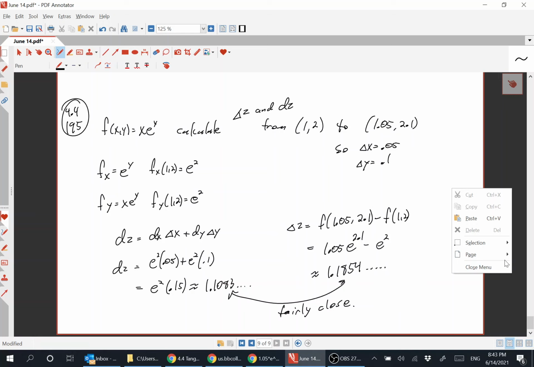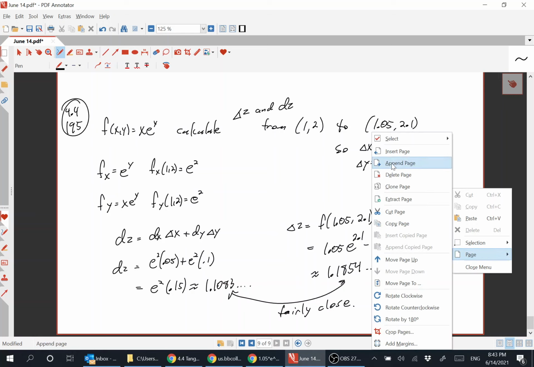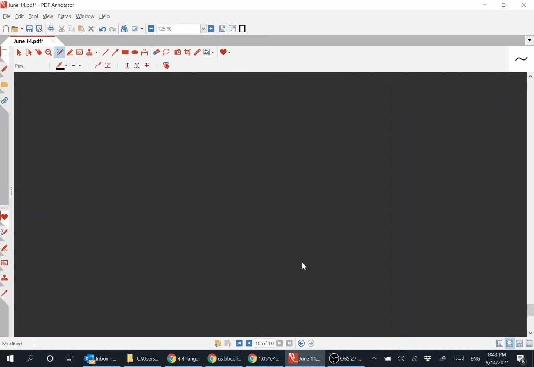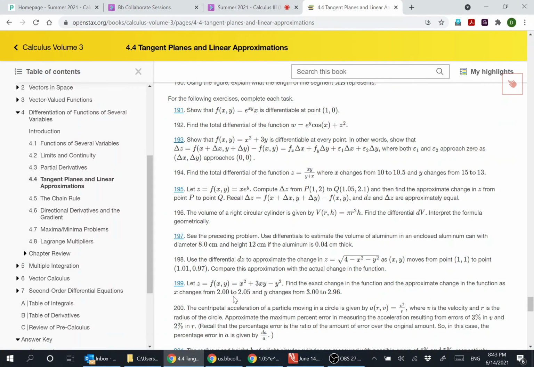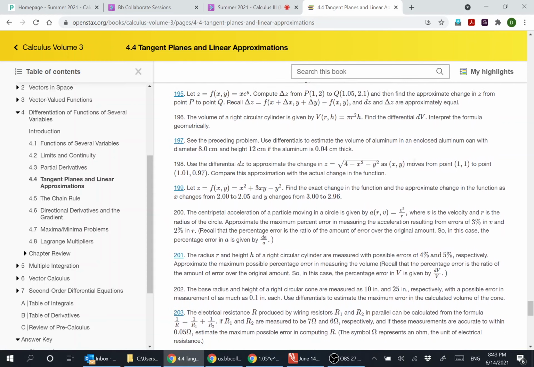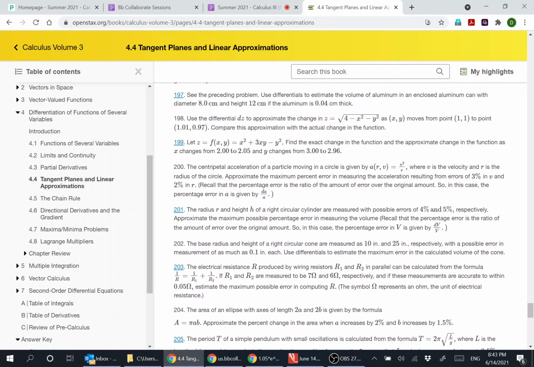So for next time, let's compare this to another number. So we did 198, I guess. I don't think we did 199. Well, no, again, that's just the change. Where are the problems where you actually estimate the function itself, or don't they actually have that in here?